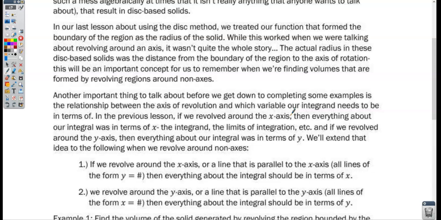Basically, if we revolve around the x-axis or any line that's parallel to the x-axis, so any line of the form y equals some number, everything in our integral should be in terms of x. When we revolve around the y-axis, or a line that's parallel to the y-axis, everything's going to be in terms of y. Those are really the only new thoughts that we're bringing in today. Let's look at a couple examples.